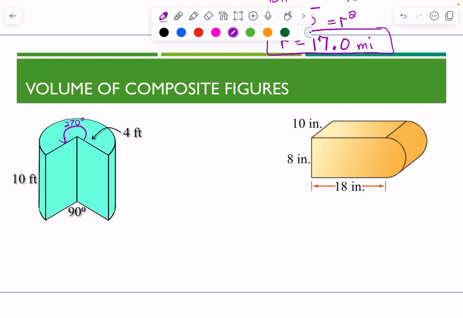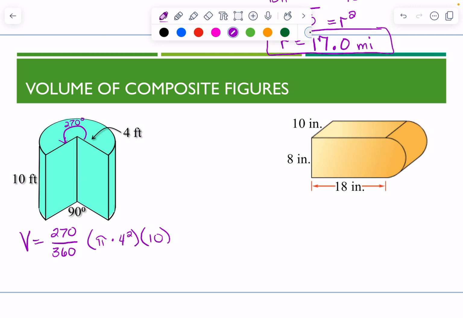So we have 270 degrees of the full circle left of the volume. Remember, our volume is equal to pi times radius squared times the height of the cylinder. But we said that we only have 270 degrees out of the full 360.